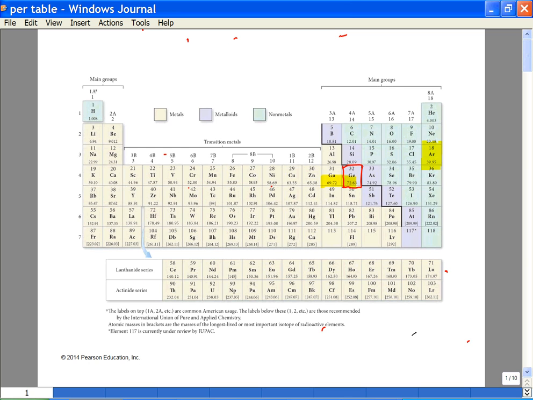We see that germanium lies in the p block. We also see that germanium lies in row 4, so the 4s electrons are filled. And we also see that all of the 3d electrons must be filled as well.